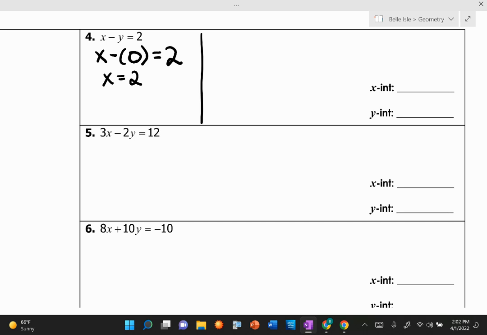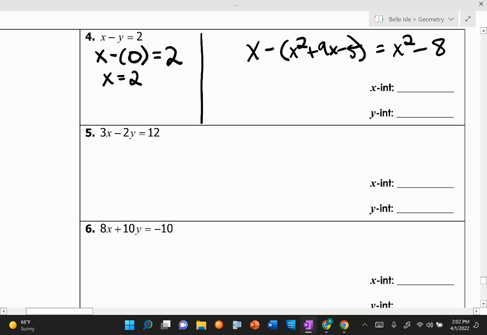Right now it seems easy, simplistic, and unnecessary, but in Algebra 2, you'll be putting x squared plus 9x minus 5 equals x squared minus 8 inside the parentheses. Those parentheses will help you know that you need to distribute the whole thing instead of making the mistake of not having them there. So you'll get to more complicated stuff where it'll help.